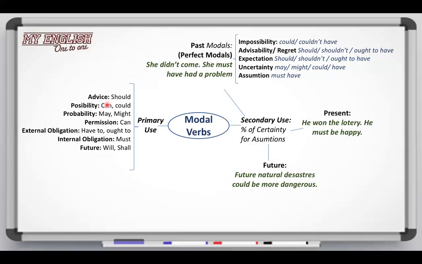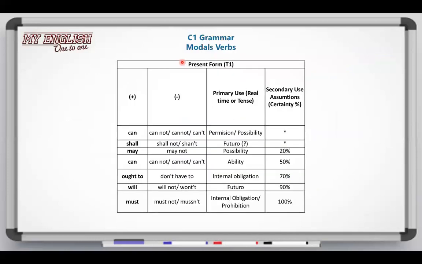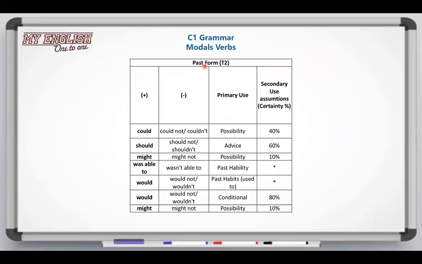So this is the introduction, this is the context of the class, and today we're going to focus on past modals. We're going to expand and give more examples, definitions, and concepts for this part, past modals. So let's continue. Also, it is important to know that the modal verbs have a T1 form and a T2 form.